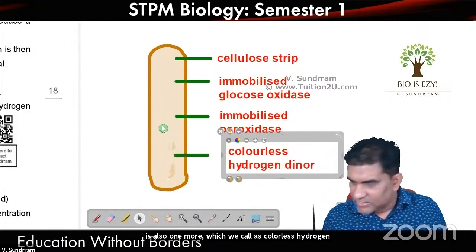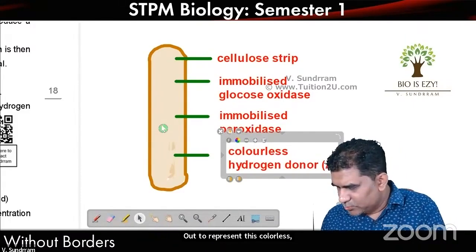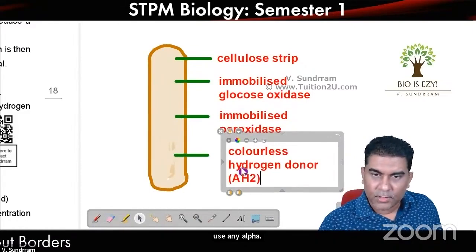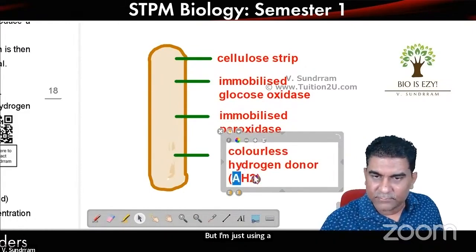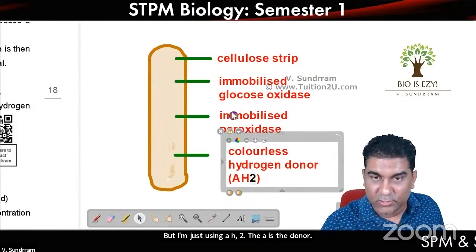Now, to represent this colorless hydrogen donor, you can use any alphabet. I'm just using AH2. The A is the donor. At the moment they have 2 hydrogen. Later they can donate the 2 hydrogen.